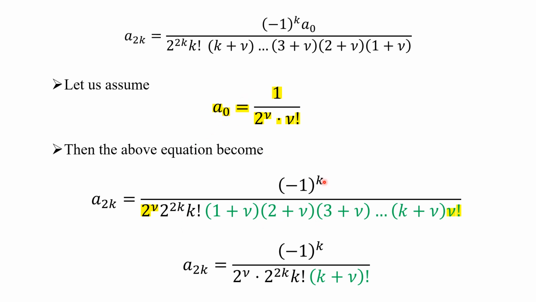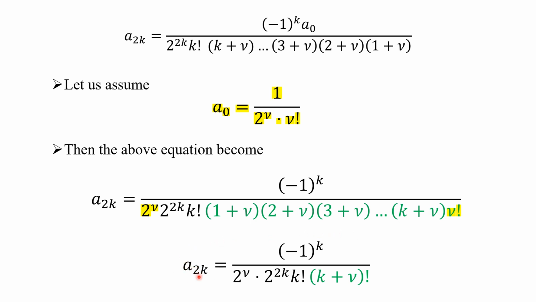See here, I have replaced a naught by 1 over 2 power nu and nu factorial, and I reversed this denominator, that is k plus nu, which will go up to 1 plus nu. I bring it reversed: 1 plus nu, 2 plus nu, 3 plus nu, up to k plus nu, into nu factorial. This part can be written as k plus nu factorial. So the coefficient will reduce into a nice form.